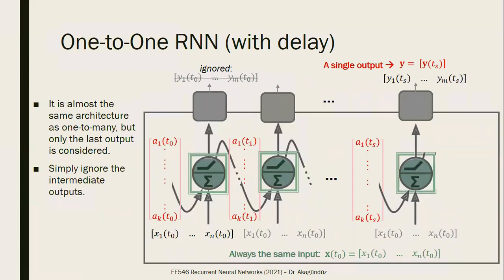The difference will be important when we are training them, because ignoring these outputs means you will not create any loss related to these outputs. So when you're training them, there will be no derivatives backpropagated from the loss created with these outputs. The only loss will be created by this one.